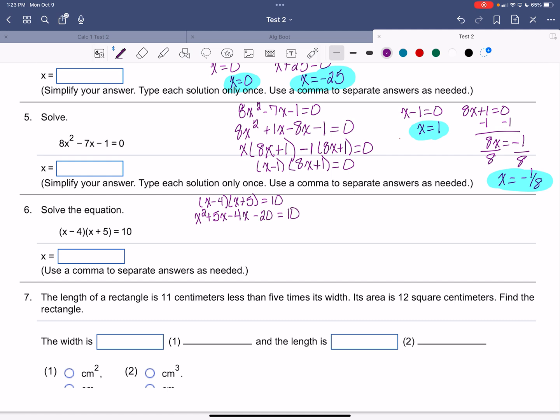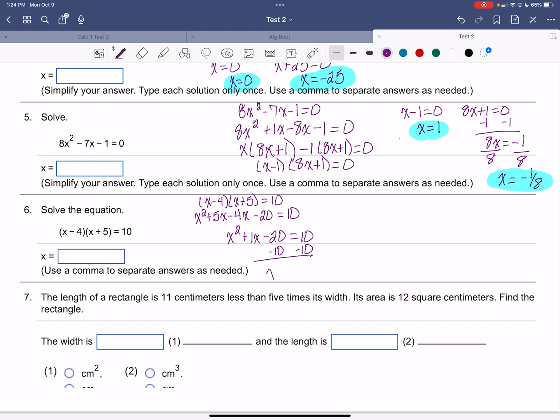I'm only dealing with stuff on the left, so I'm going to combine like terms. x squared plus 1x, so 5x minus 4x is going to be positive 1x, minus 20 equals 10. Now I've got to set this equal to 0, so I'm going to subtract 10 from both sides.